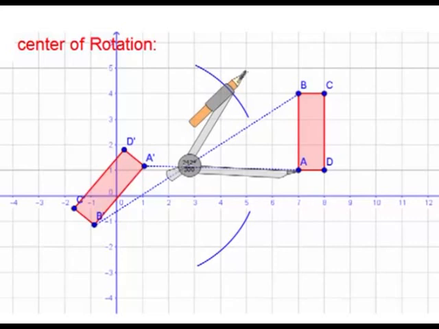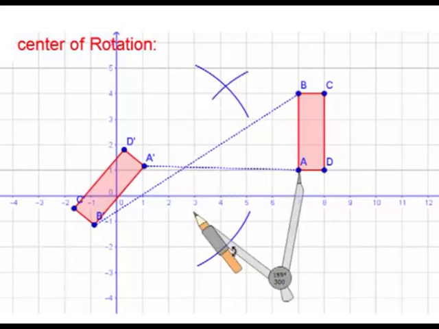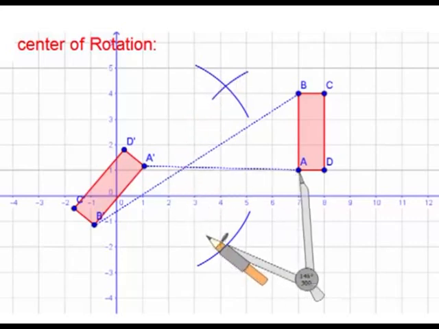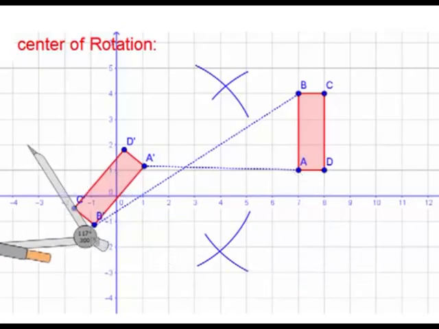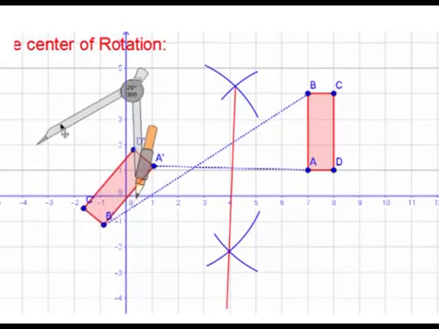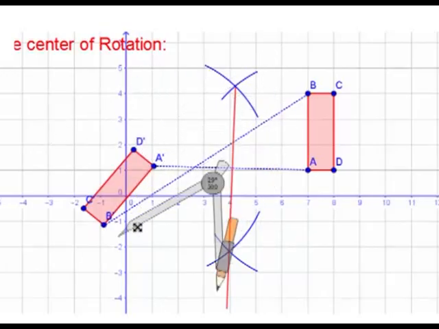An arc up here, and another one down here. Now we connect the intercepts. There. Now I know the center of rotation is somewhere on that line. We repeat the same for B prime.